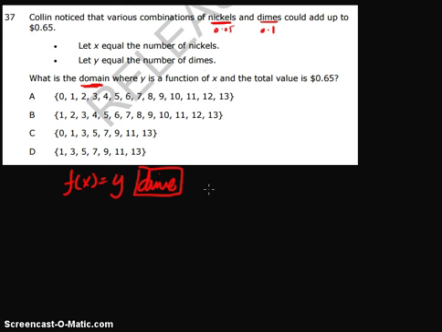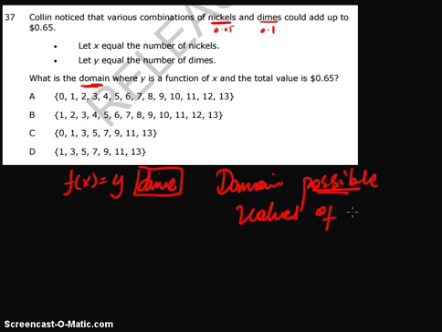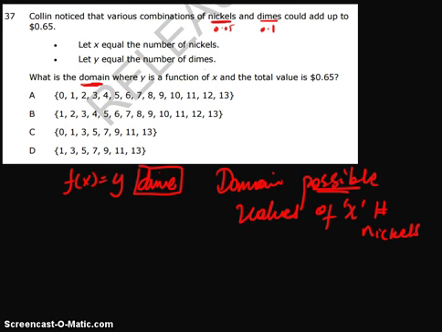In other words, the domain is going to be the possible values of x, which in this case represents the number of nickels. Sometimes you can have 10 nickels, sometimes 1 nickel, it depends.